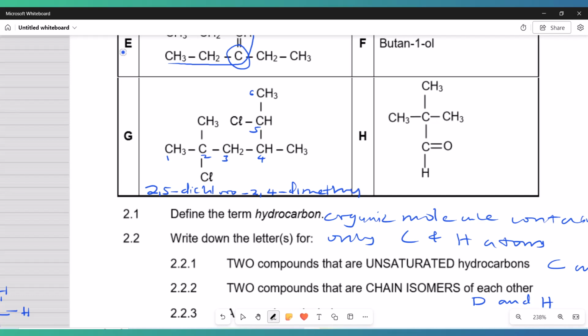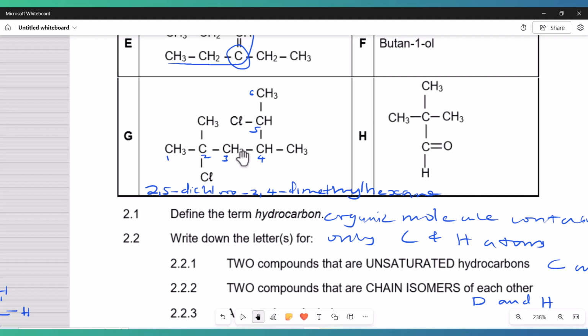And then the longest chain has 6 carbons, so it will be hexane because they are single bonds. Dimethylhexane. So that's the answer here. It is 2,5-dichloro-2,4-dimethylhexane.